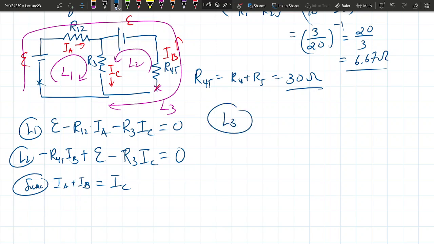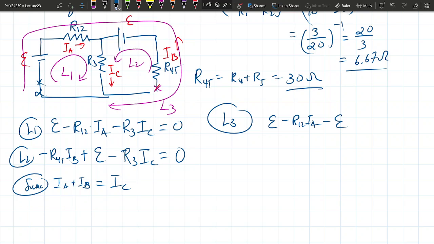Because loop 3 is actually special. Let's say I'm starting here. I still gain EMF amount of voltage when I go across it. I drop R12 IA amount of voltage. But when I reach this point, since I'm going opposite direction of the battery, I'm going to lose EMF amount of voltage.